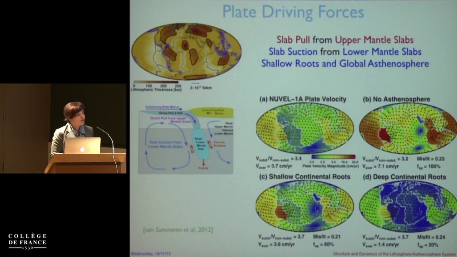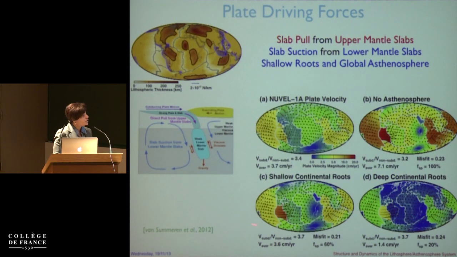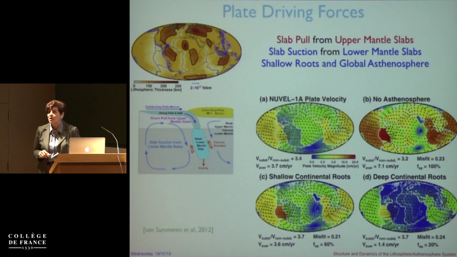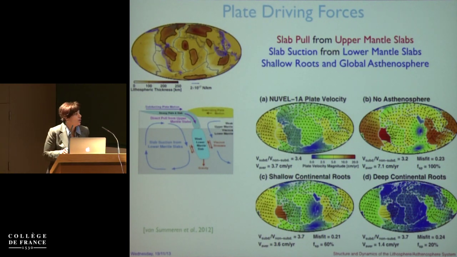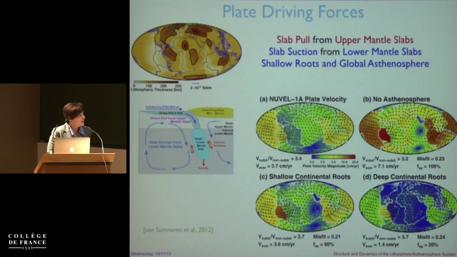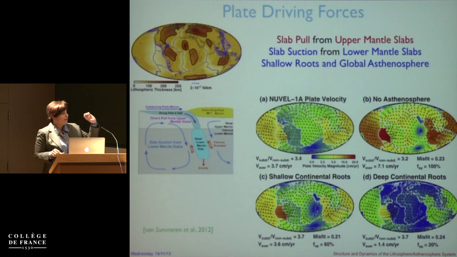Now, if we have shallow continental roots and a global asthenosphere, so introducing some viscosity heterogeneity, those shear tractions, which should give rise to some deformation at the surface, actually match the plate motion system pretty well. The innovation here is, besides the viscosity heterogeneity, that much like that picture of the Mike Gurnis work that Nicolas showed, these are plate velocities in which the shear tractions at the bottom and the plate motions predicted match each other.